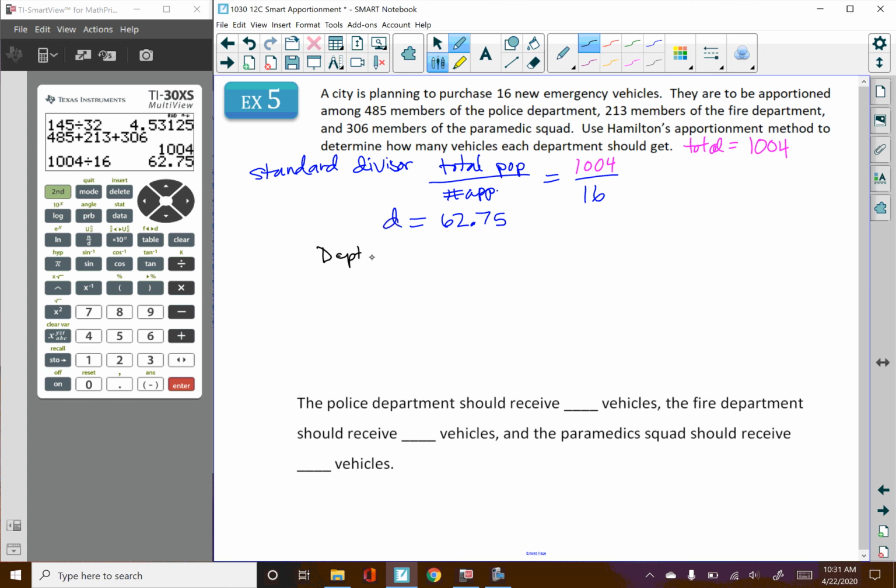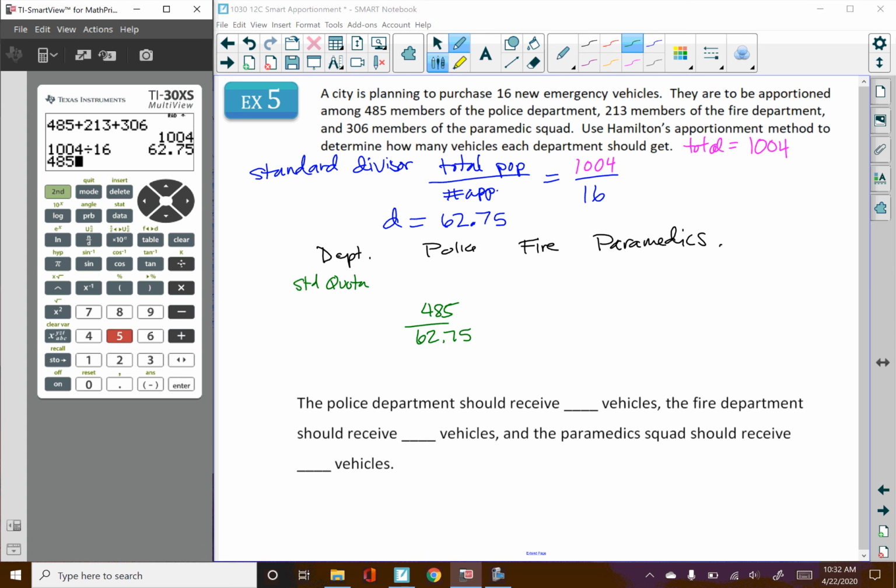So I'm kind of making a little table here to help me keep track. We've got the police, we've got the fire, and we've got the paramedics. So I'm going to take each of those populations and come up with a standard quota, which remember is just their population divided by our standard divisor. So for the police department, that's going to be 485 divided by 62.75, which gives us 7.73.